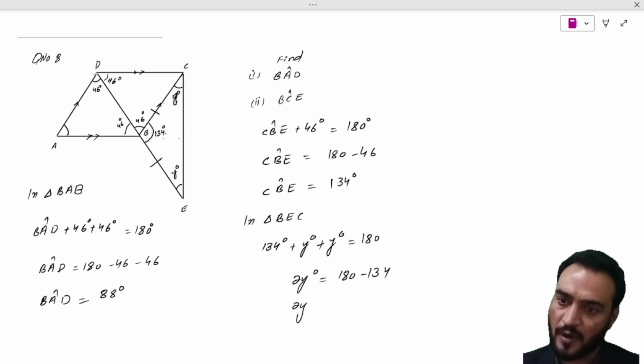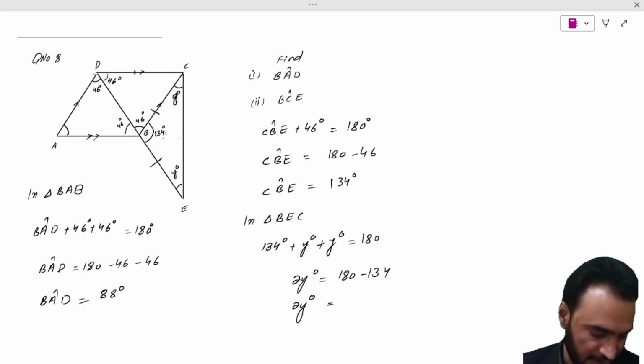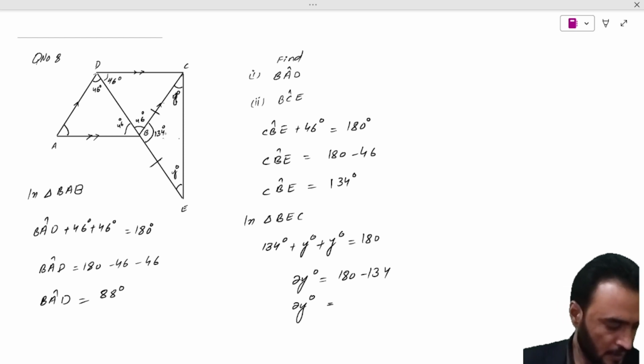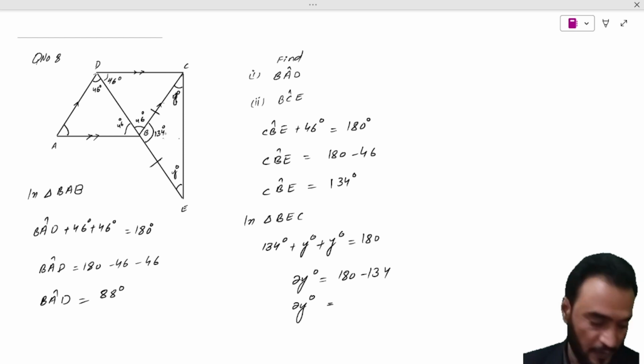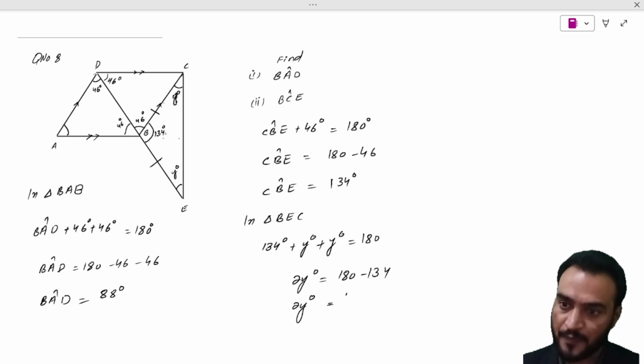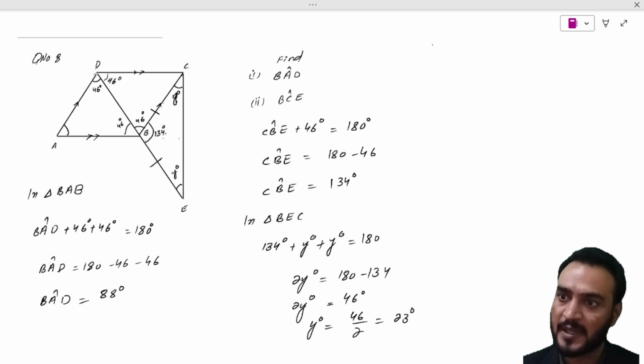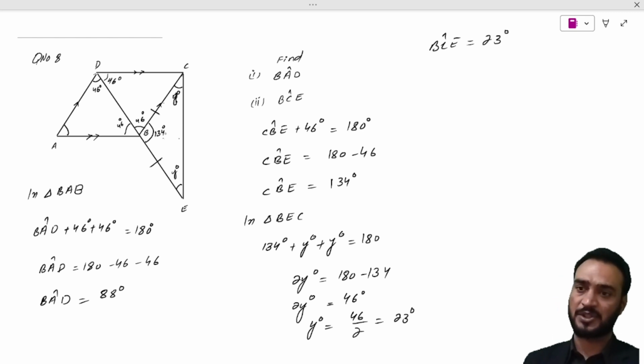Subtracting 134 from 180 degrees, we get 46 degrees. Dividing by 2, we get the value of y degrees. y equals 46 over 2. Dividing 46 by 2, we get 23 degrees. So hence the value of angle BCE is equal to 23 degrees. Hence the answer of the question.